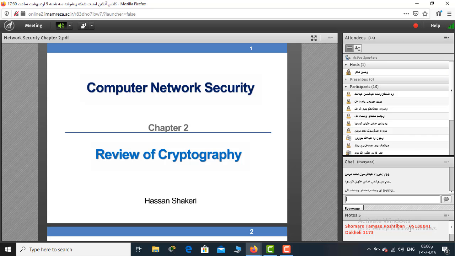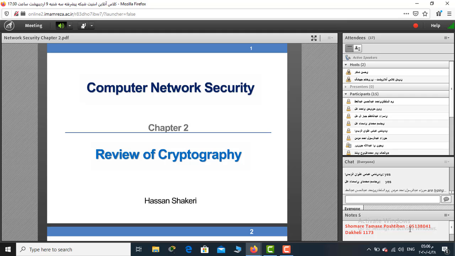What is the act or algorithm that is done on the sender side? On the sender side, the sender should encrypt the data.